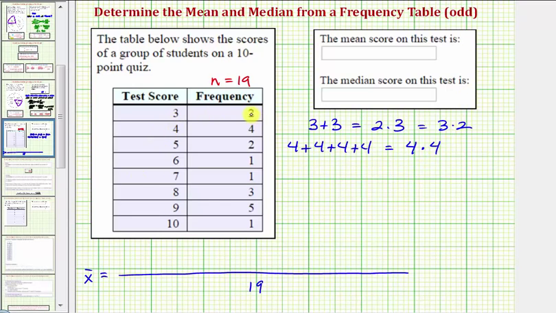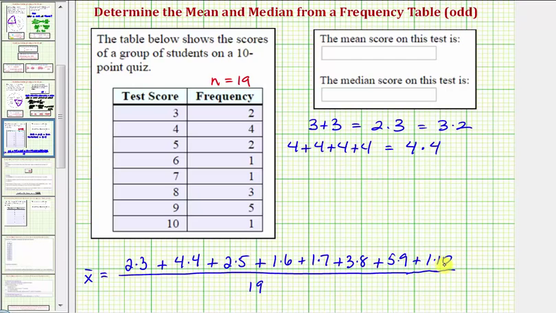So 3 has a frequency of 2, so we'd have 2 times 3, plus 4 has a frequency of 4, so 4 times 4, plus 5 has a frequency of 2, so plus 2 times 5, plus both 6 and 7 have a frequency of 1, so we could just write plus 6 and plus 7, but to keep the pattern, let's write 1 times 6 plus 1 times 7, plus 8 has a frequency of 3, so 3 times 8, plus 9 has a frequency of 5, so we have 5 9's, so 5 times 9, plus 10 has a frequency of 1, so we'd have 1 times 10.